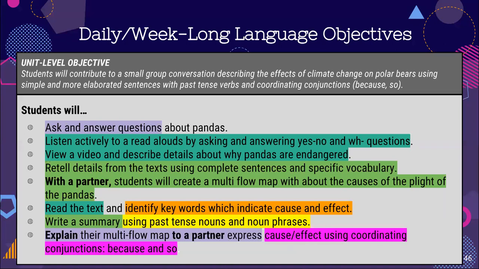So a week-long language objective was broken up into several different lessons and opportunities for students to apply it. So we had a lesson on past tense, and then we identified the past tense words in the text. Then we had a lesson on coordinating conjunctions, when I taught the students their sentence frames, and they practiced using those in different contexts.